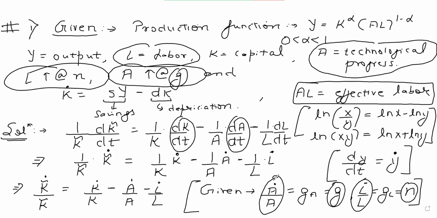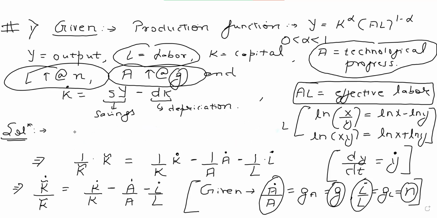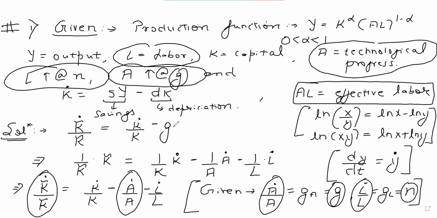So can I put these values in the equation? If I erase this particular part, I can write K tilde dot by K tilde is equal to K dot by K minus A dot by A, which I can write as g, minus L dot by L, which I can write as N. Now guys, what is K dot?